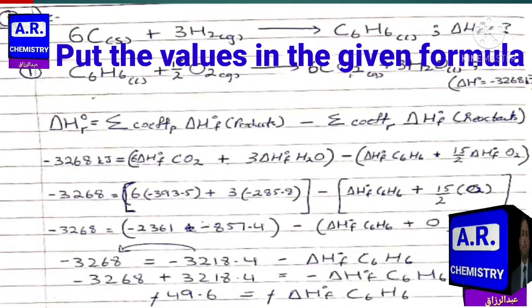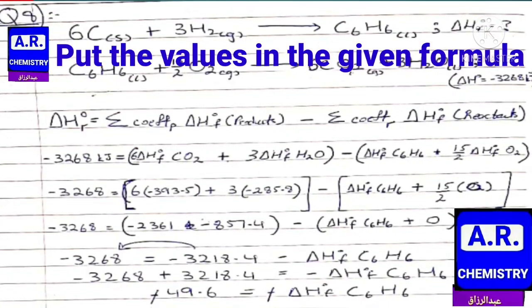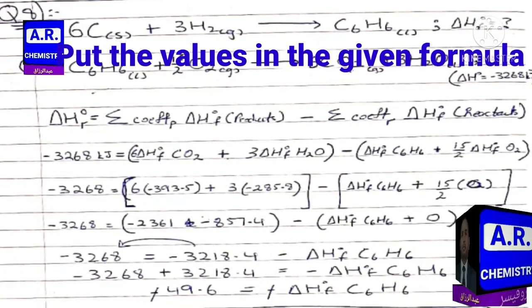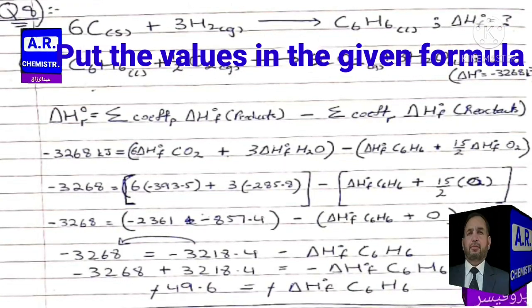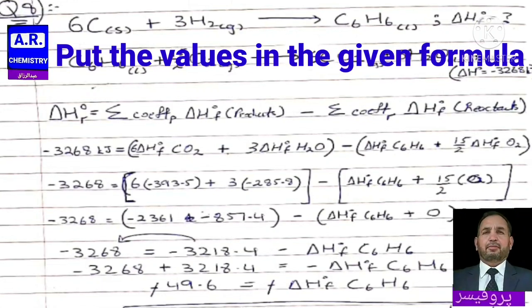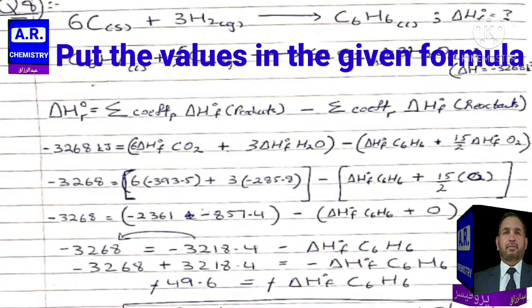Now, under delta H naught r, write minus 3268 equal to delta H naught f of CO2 plus 3 into delta H naught f of water.